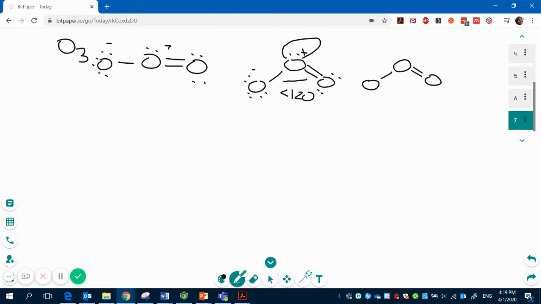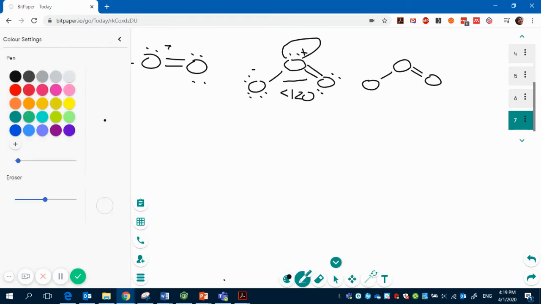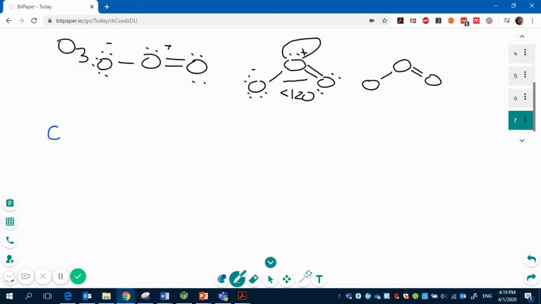Carbonate's another one we've seen, and we need to be careful with molecules like carbonate. I was getting a little bit ahead of myself before. So, carbonate. If we draw the Lewis diagram for carbonate, it looks like this.